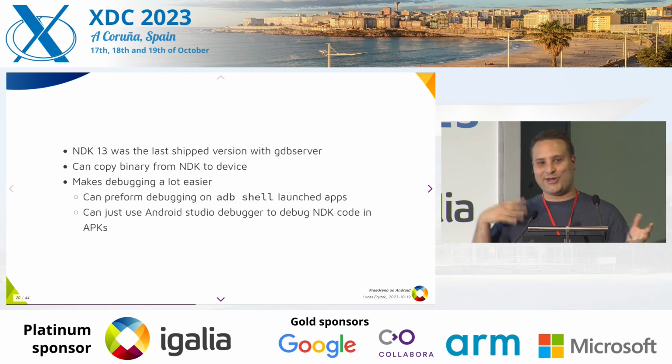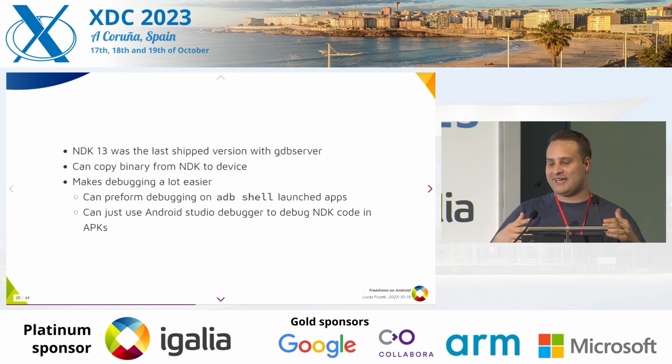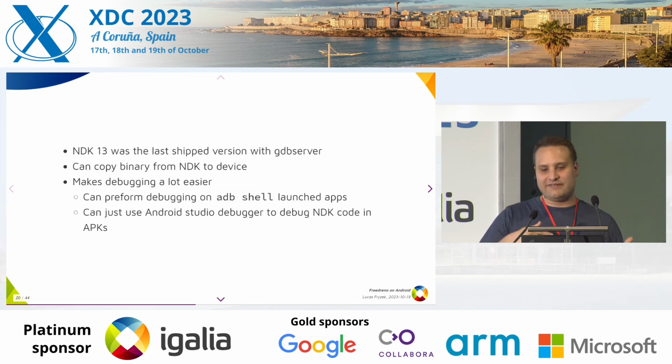In this case, you can move the GDB server application from the NDK to the device, and then use it to launch your applications that you built as more normal Linux applications, and then run them from the ADB shell. And then you can connect to it from your computer, get a source code view, set breakpoints, do everything that you love to do with GDB.